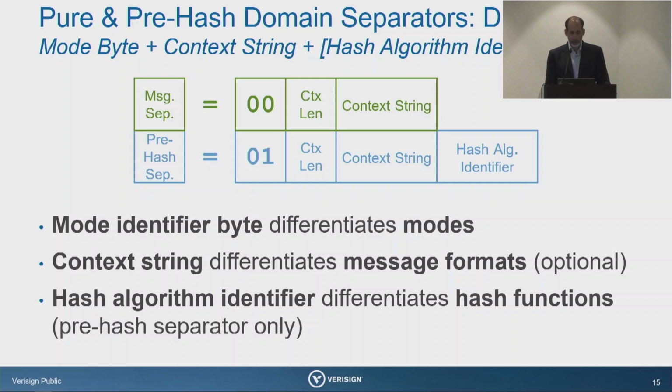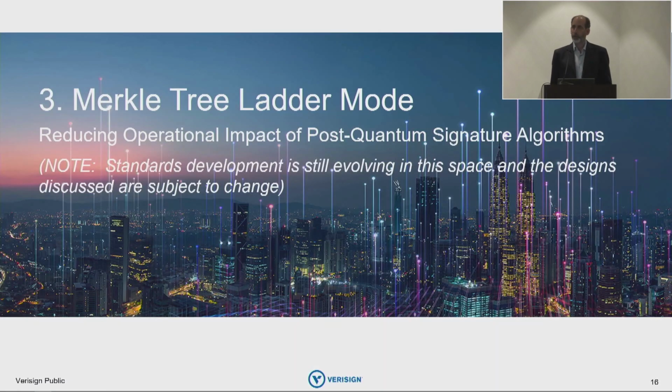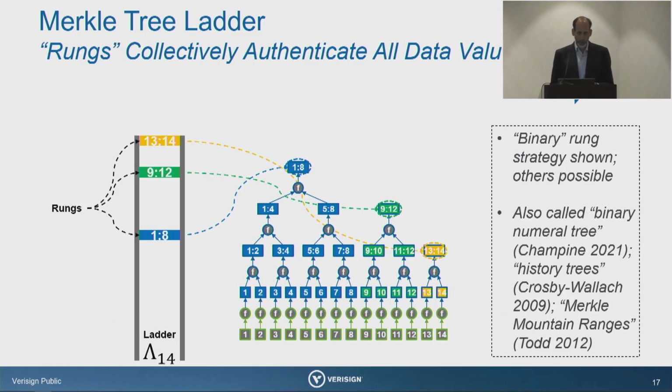Right. So now let's look at Merkle tree ladder mode, not in any detail, but showing how it fits into this model. So if you remember from either what you've read or from last year's talk, Merkle tree ladder mode is a way of using a Merkle tree to authenticate multiple messages or data values. I've drawn here the structure that's in Merkle tree ladder mode. In fact, it is multiple trees, so technically it's a forest.